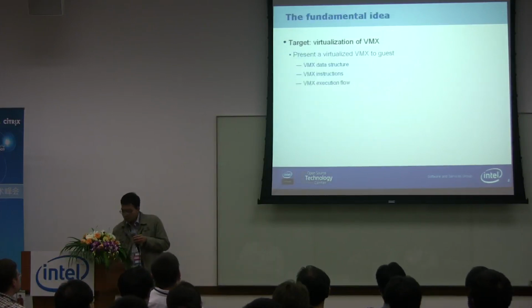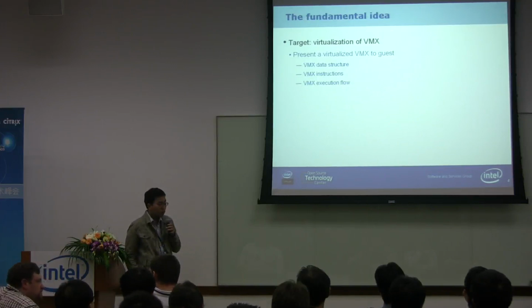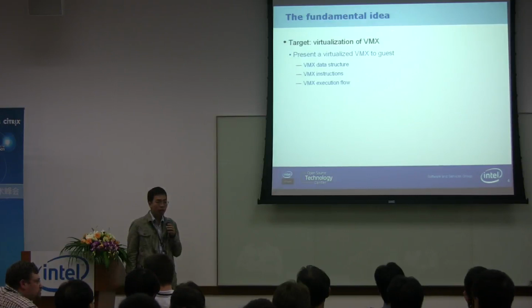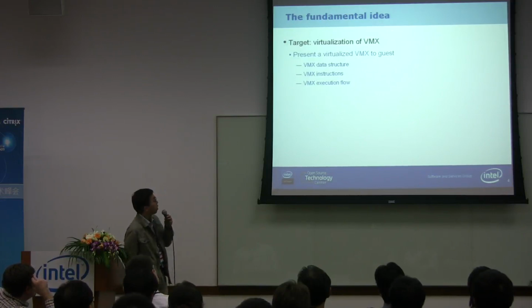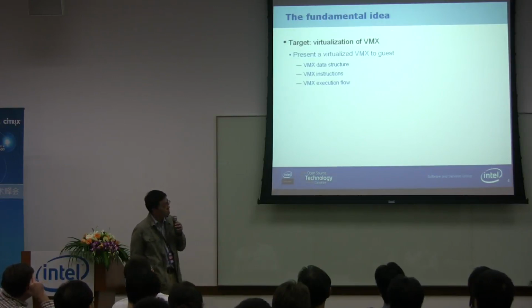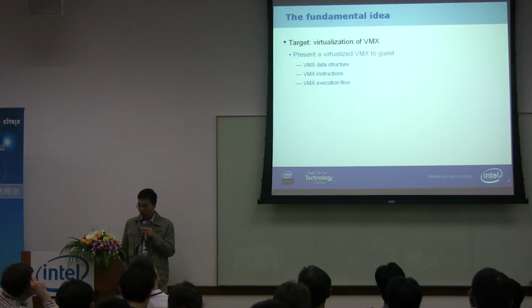So the fundamental idea is really simple, as I just mentioned. The fundamental idea of nested virtualization is to virtualize the VMX. If we have this piece of hardware and the VMM uses this piece of hardware to function, we have to virtualize it in the guest, and then the guest can use it to act as a VMM. So the basic idea is to present a virtualized VMX to the guest, and this includes all kinds of VMX.